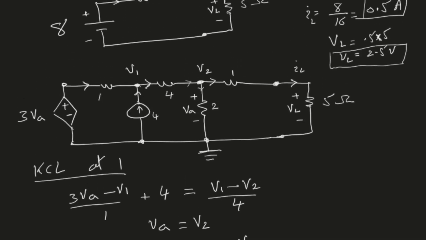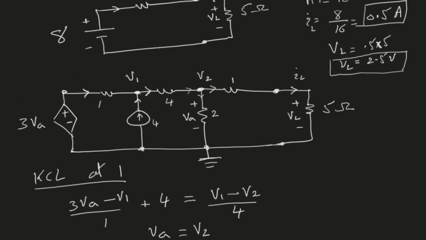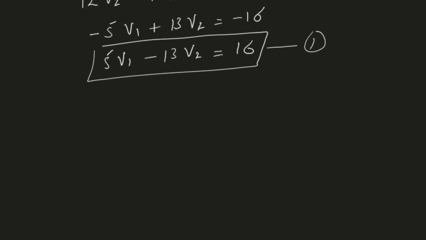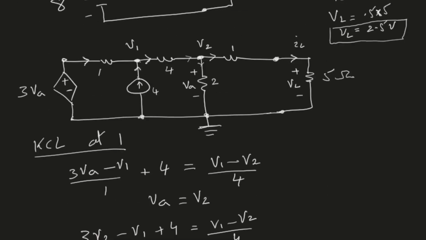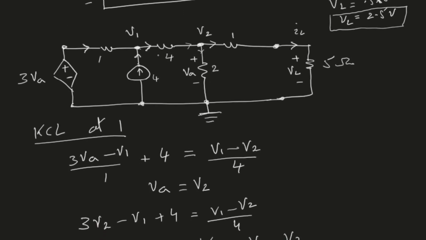The second equation can be obtained by applying KCL at node 2. KCL at node 2 says that the current in should be equal to the current out. Current in is the current flowing through the 4 ohm resistance, and the current out is the current flowing down through the 2 ohm and the current flowing through this 1 ohm and 5 ohm load.